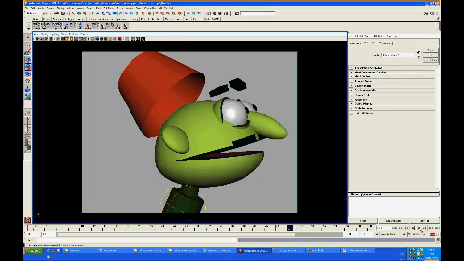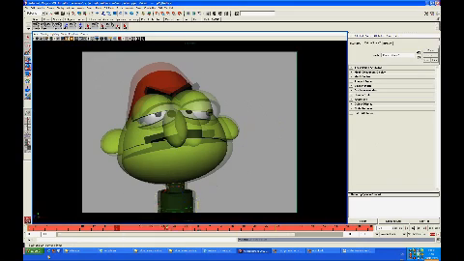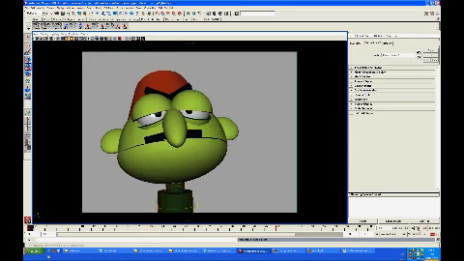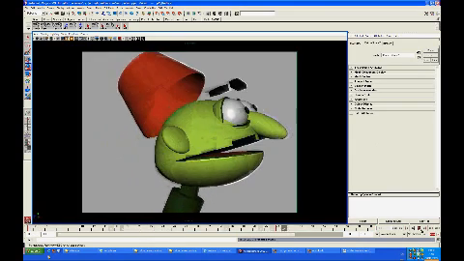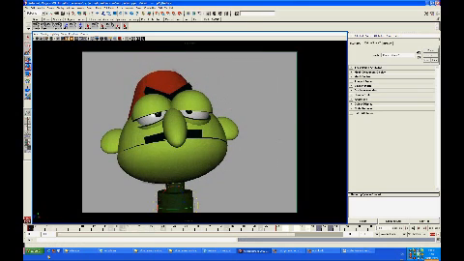But what happens if I don't work in stepped? Let's see. I'm gonna just make this into a linear, and a lot of strange things are going to happen now, and there are several reasons for this. One reason is that I didn't really work in an organized way.